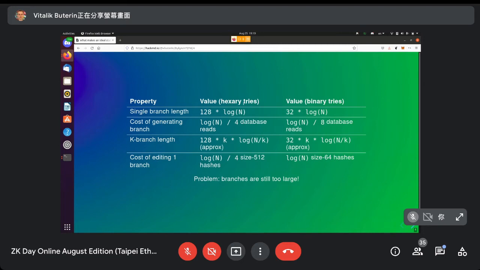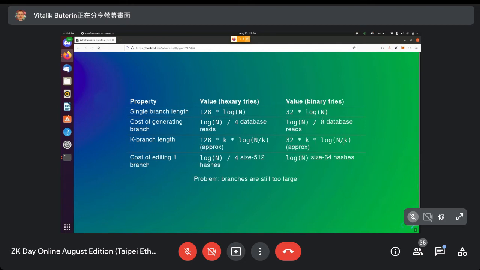With hexary trees, you have somewhat less freedom because the database nodes have to contain individual nodes that are being hashed, but with binary trees, the nodes that are being hashed are smaller, and so you have much more freedom in terms of what the size of your database chunking is. So you get some benefits here.